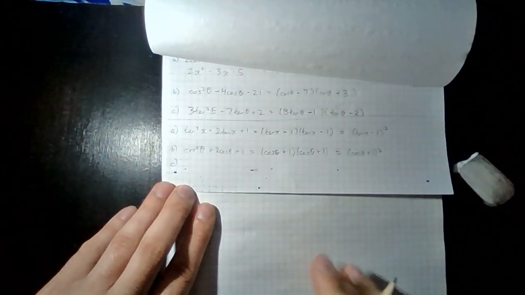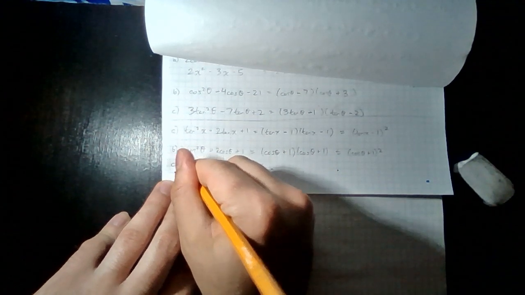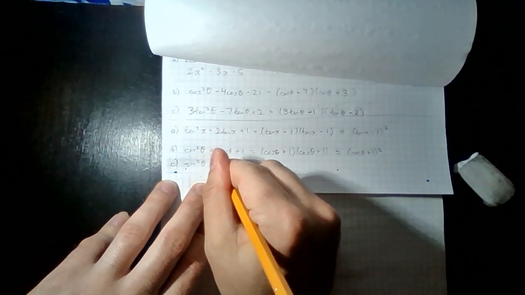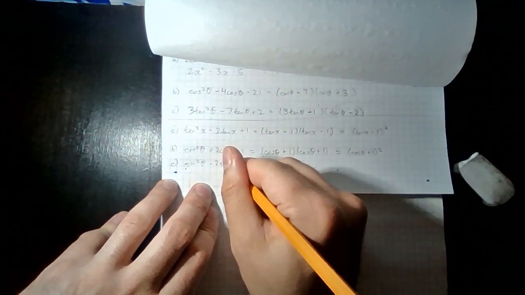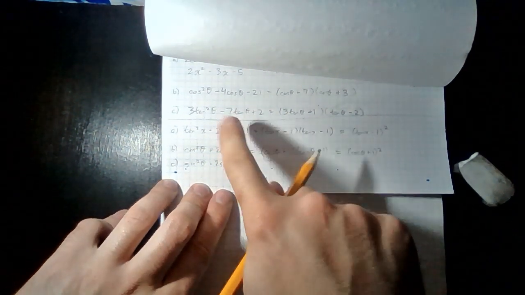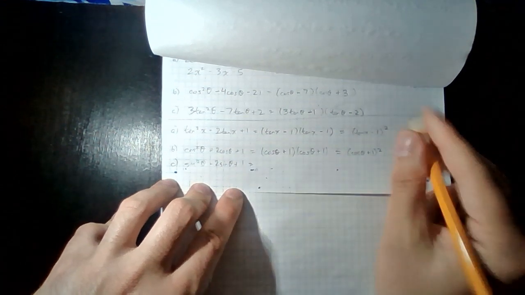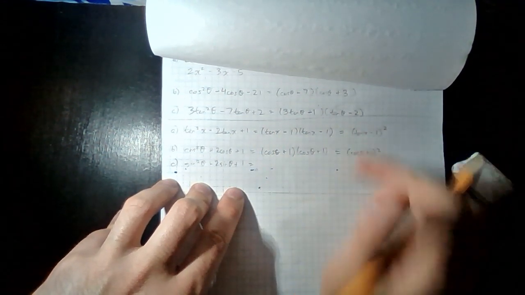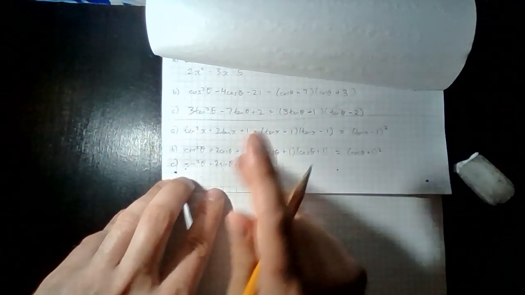And finally, C, sine squared theta minus 2 sine theta plus 1 looks an awful lot like our first example here. Eventually, I'm going to skip this step. We can tell it's already a perfect square trinomial.